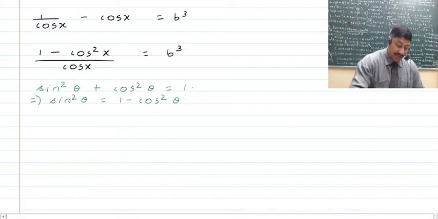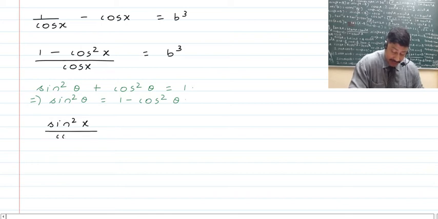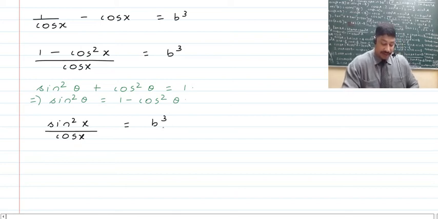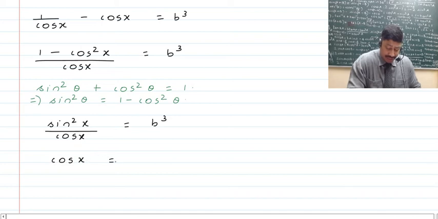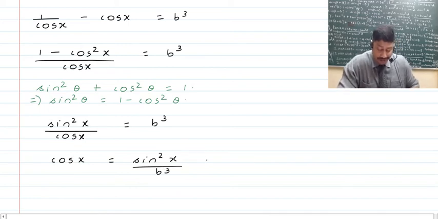Now as here we have 1 minus cos square x, we can write it as sin square x, and in the denominator we have cos x, and that becomes equal to b cube, right? Okay, now here children, again we can make cos x the subject of the equation. As such, cos x is going to become equal to sin square x divided by b cube, and you can mark this as equation number 2, right?